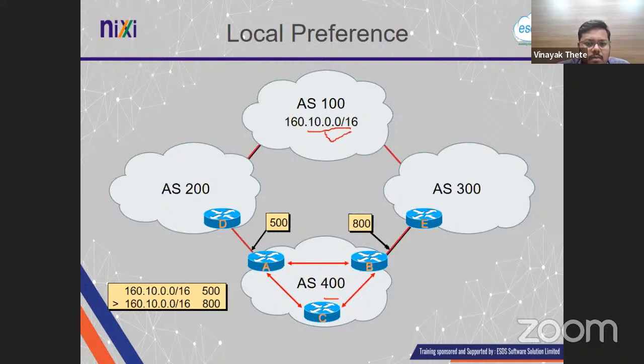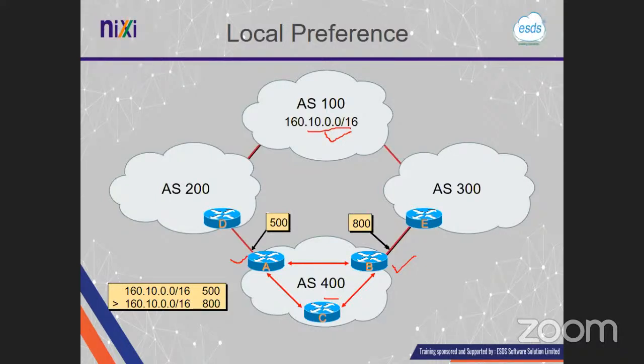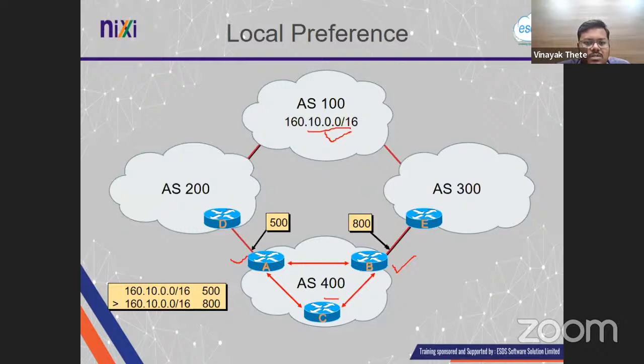The first path is router A and the second path is router B. But I need to prefer only router B for exiting the traffic to reach this destination, 160.10.0.0/16. So in that case, I set the local preference 800 for the route which comes from router B and 500 for the route which comes from router A.